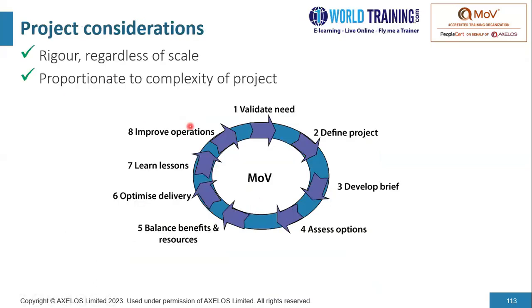Now, when it comes to project considerations, we have to make sure that we implement rigor regardless of the scale, and it should be proportionate to the complexity of the project.